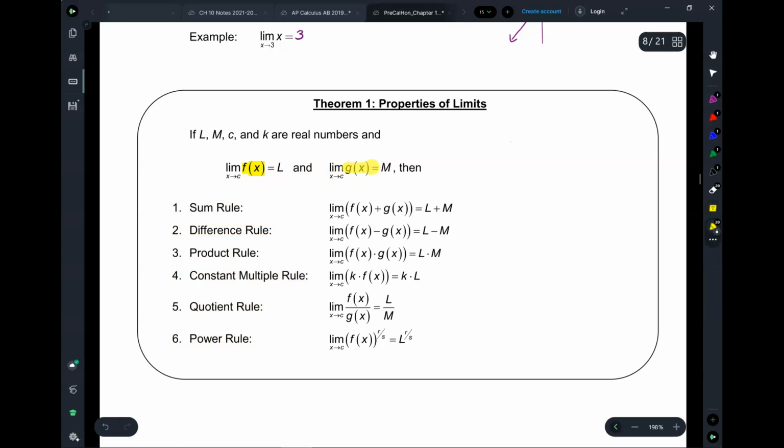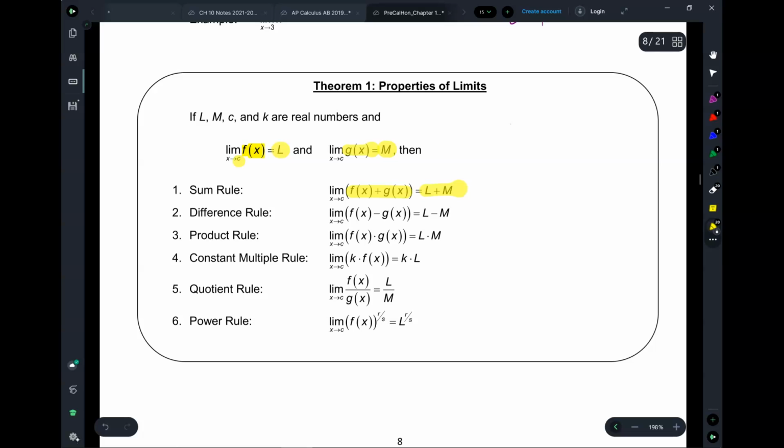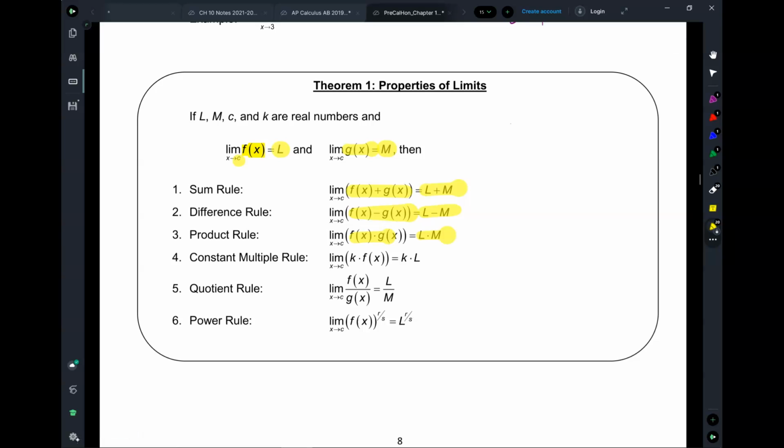As x approaches c, the limit of the first one is L, the limit of the second one is M. If you add the functions, the limit of the sum is just L plus M. If you subtract the functions, the limit of that new function is L minus M. If you multiply them, the limit is the product. If you multiply one function by a constant, the limit is going to get multiplied by the constant. Same with division, same with raising it to an exponent.